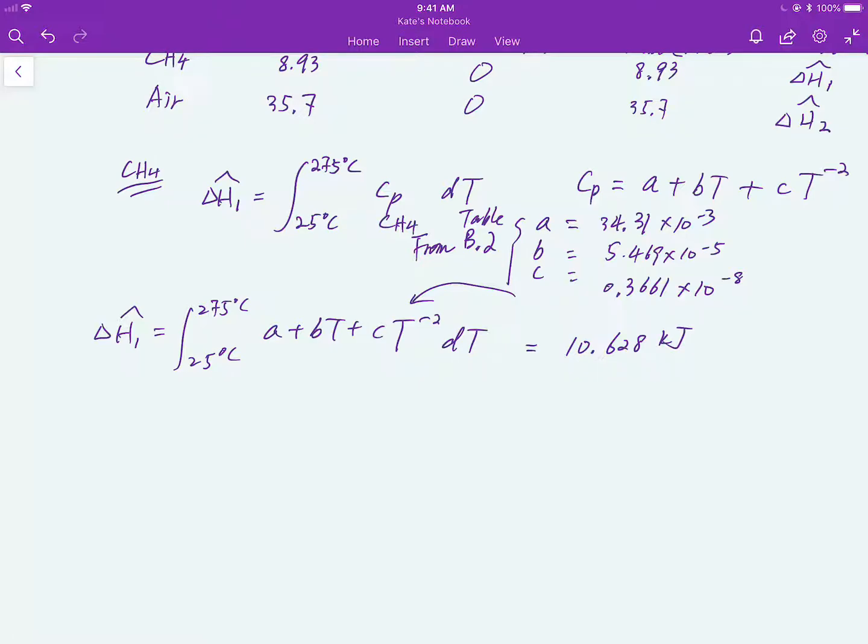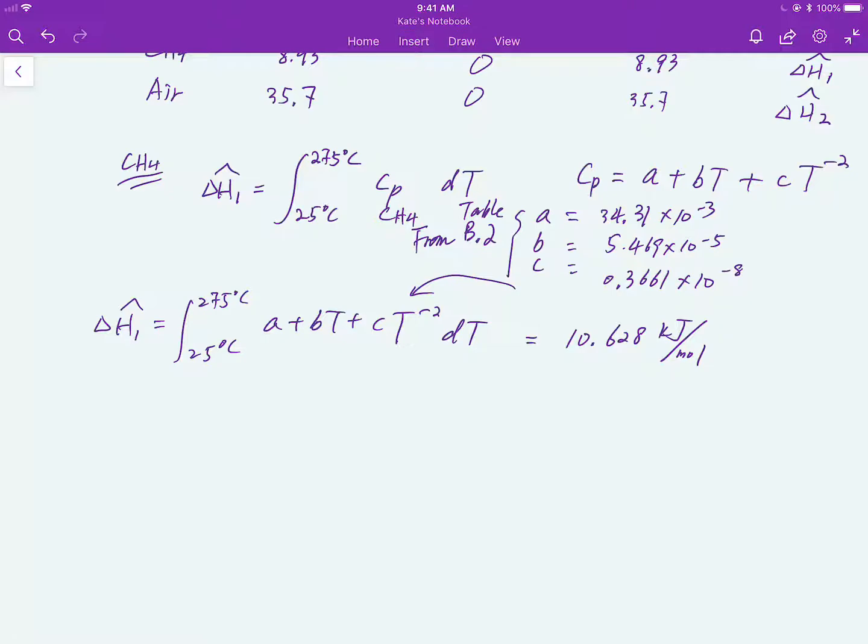If you do not know how to use a scientific calculator to calculate the integral from initial temperature to final temperature, I have a video for that. You can go ahead and watch that. Now I have delta H1. That is for methane.